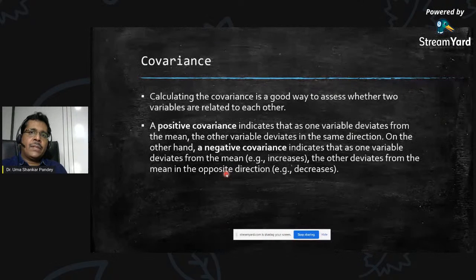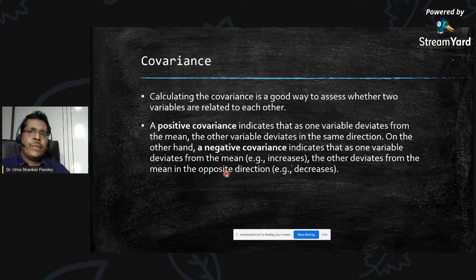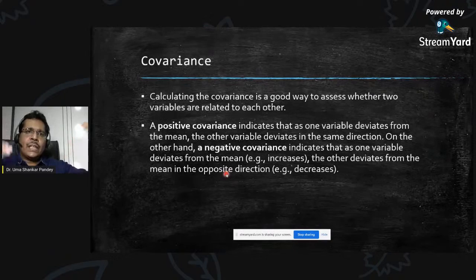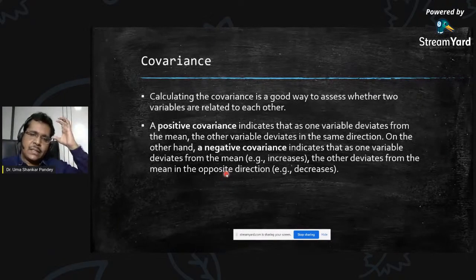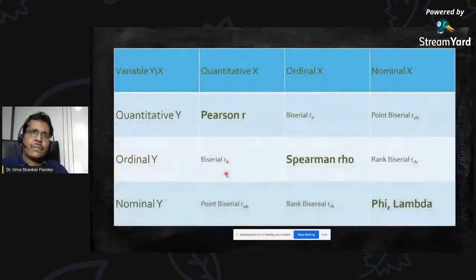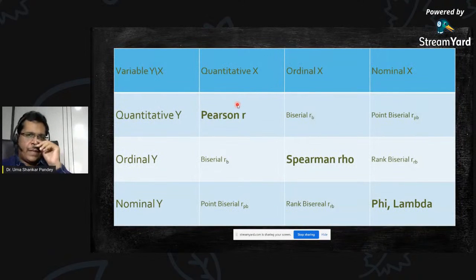So one of the parametric tests, or one of the assumptions, is about covariance. When there are two variables that are co-varying in the same direction, then we say that there is a positive covariance. When they are co-varying in two different directions, then we say that there is a negative covariance. If we divide the covariance by the standard deviations, we get the correlation.